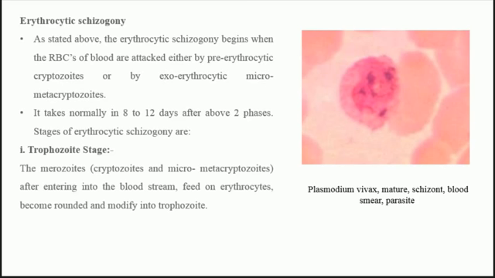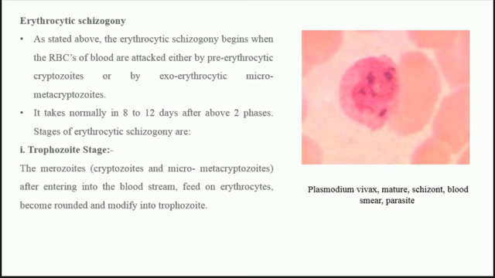The first one is the trophozoite stage. We have already seen the ultrastructure of sporozoite in previous lectures, and again the ultrastructure of trophozoite. Once the cryptozoite enters into the bloodstream and feeds on erythrocytes, it becomes rounded, modified into trophozoite.